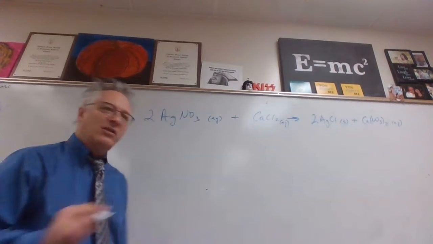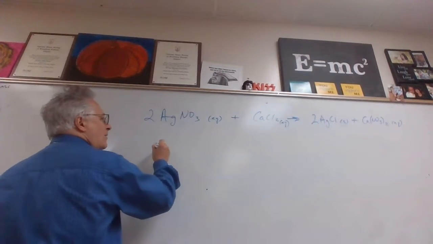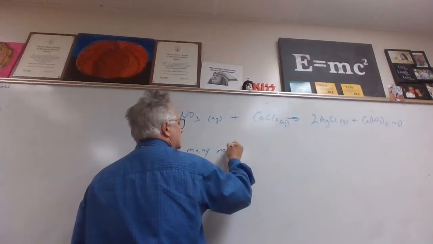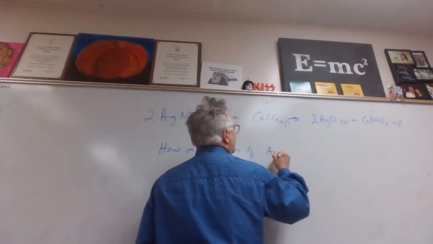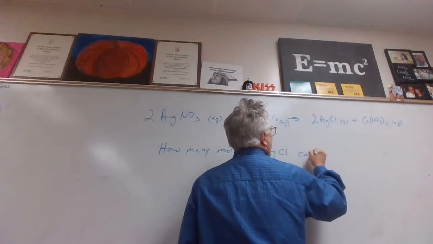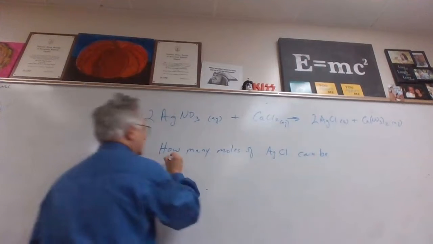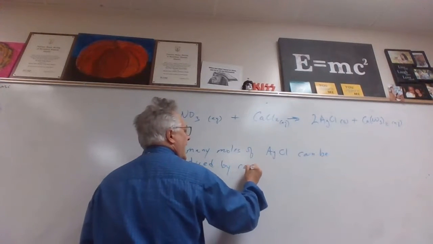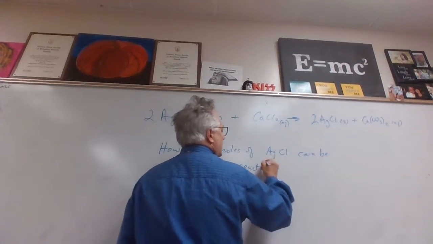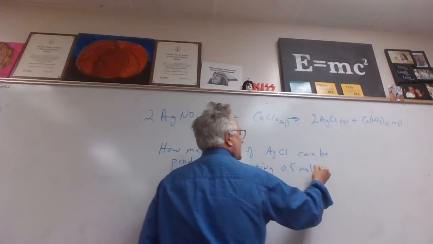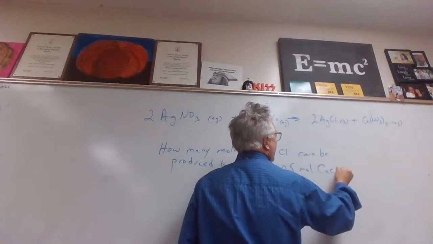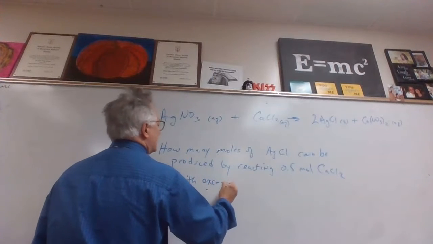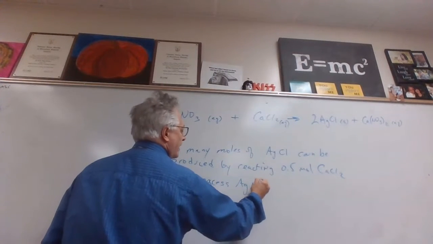And I say to you the following thing. How many moles of AgCl can be produced by reacting 0.5 moles of calcium chloride with excess silver nitrate?